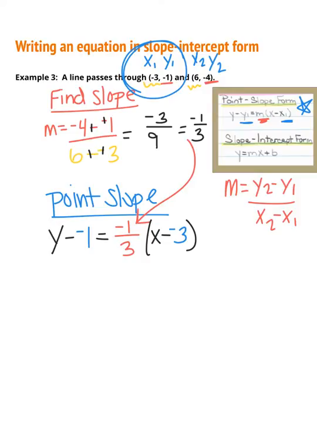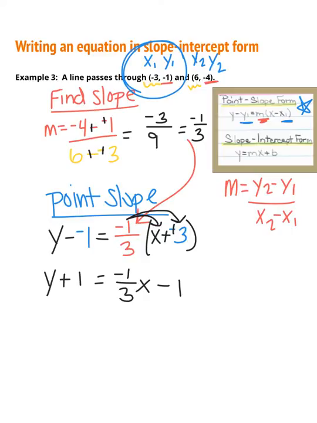So we've got all our pieces in the equation, and yes, I know there's a lot of negatives going on. We can do some cleaning up. Remember, we're trying to get slope-intercept form, so our goal is to get a y equals. I'm going to simplify the y minus -1 to y plus 1, and I am going to distribute this -1/3, so it's going to be a -1/3 x. And as I distribute, I should make that plus positive, so that will help me distribute the -1/3 to a +3, which actually is going to be another negative.